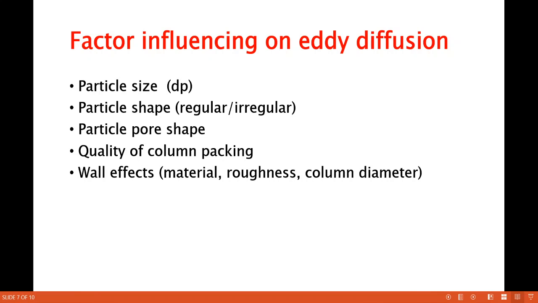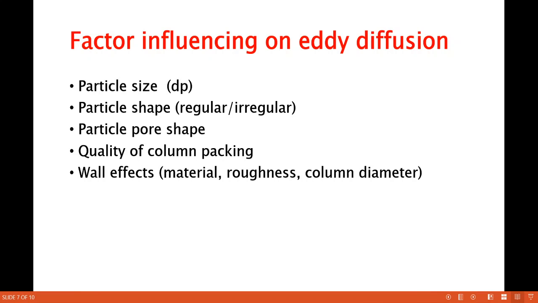Size and shape. Shape, if it is circular, then it is very simple to move, while if it is irregular, then some time is required to pass through the stationary phase. That's why particle shape also affects the eddy diffusion. Particle pore shape and the quality of the column packing.